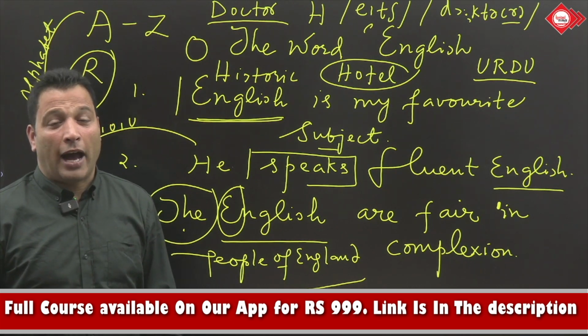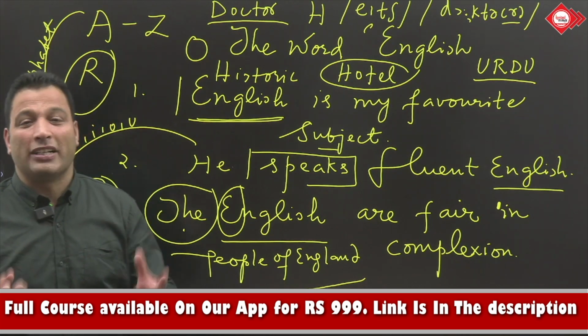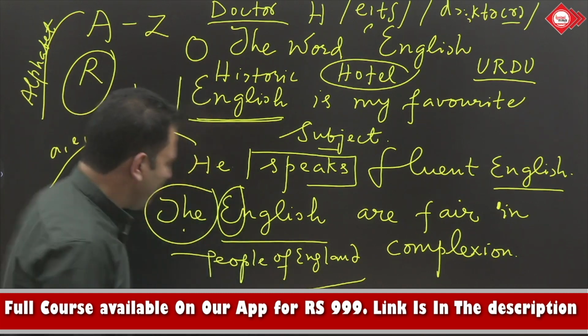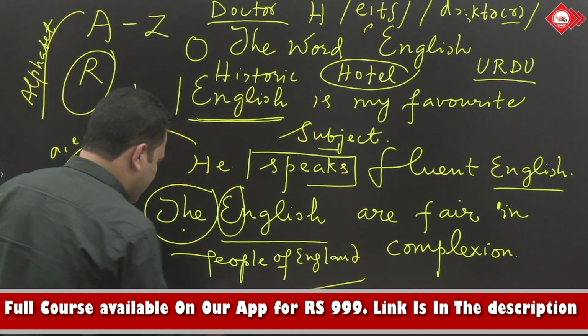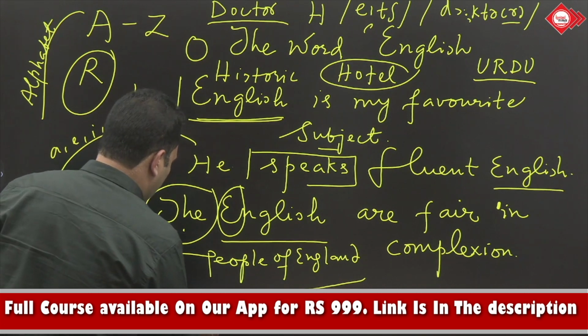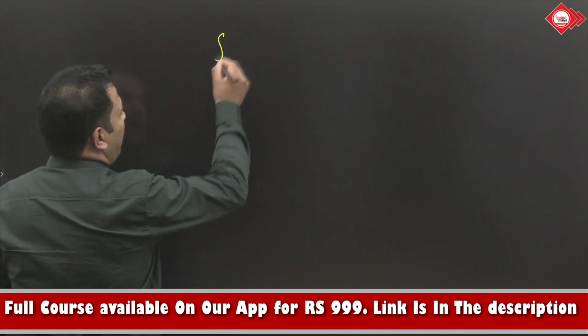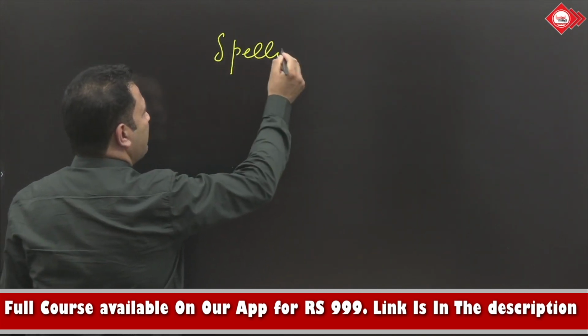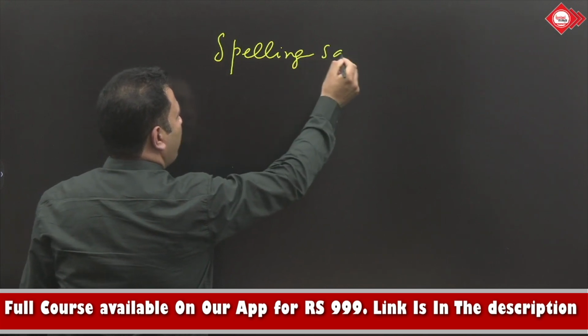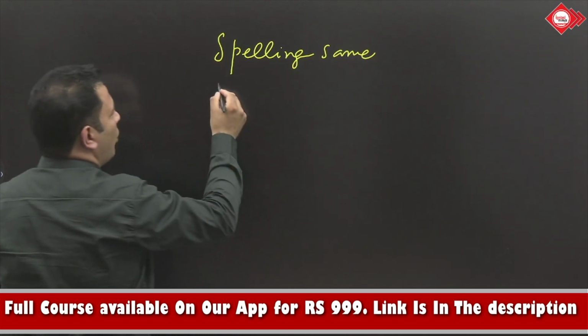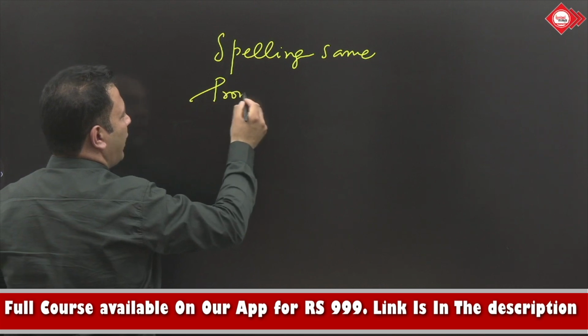So how is this English word to be treated now? Remember, when you have got this concept where you have got the spelling same of a word, and then you have got the pronunciation also same.